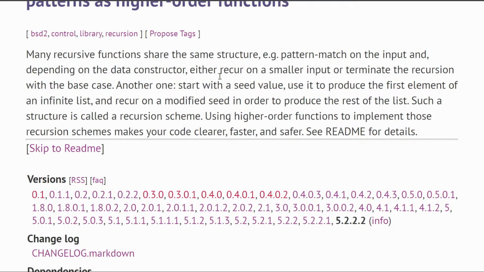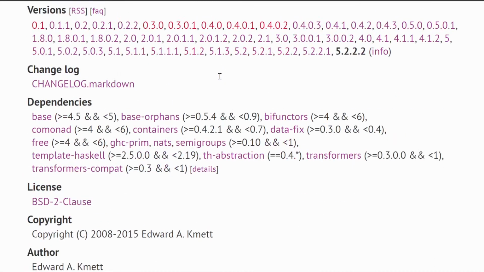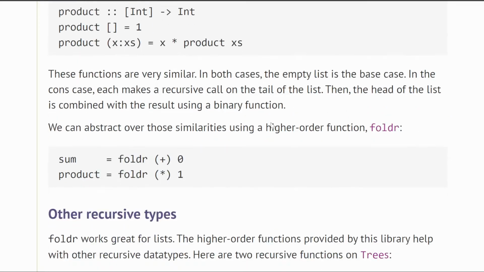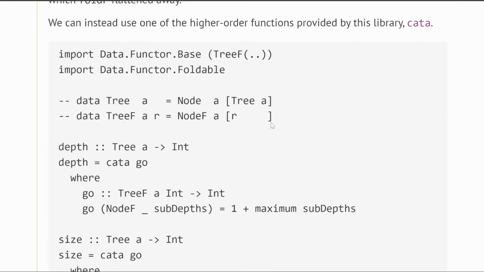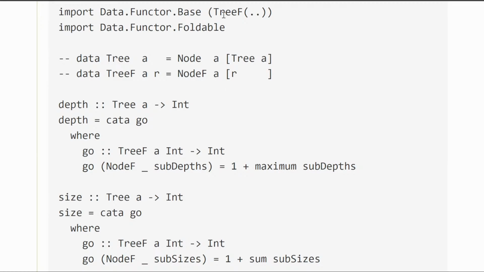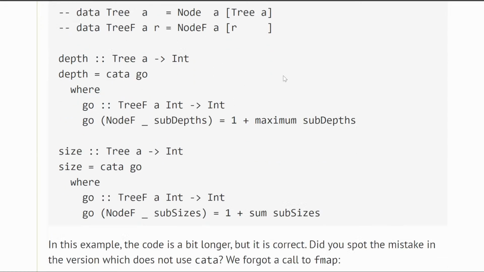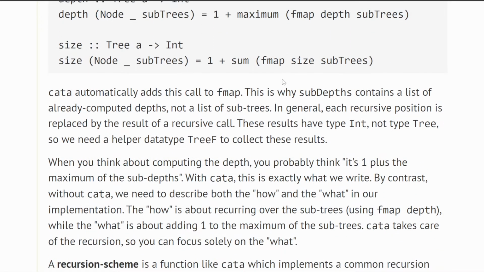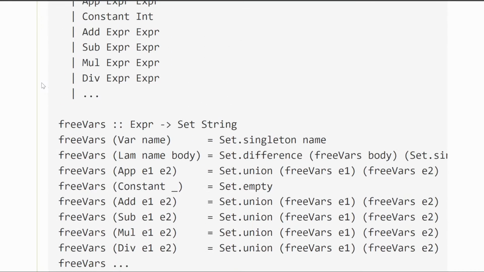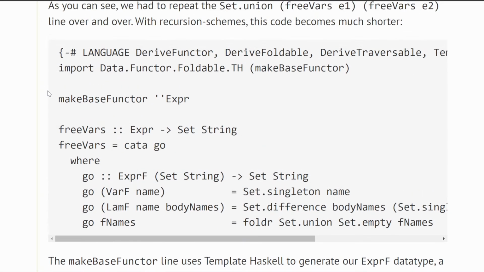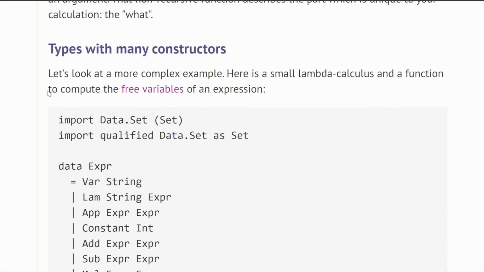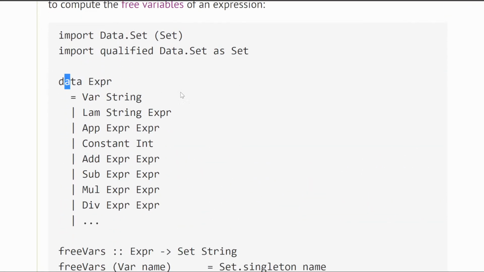So recursion schemes, yes. Another example, okay. We could use data functor base, but I have my own functor, so I don't want to do that. Types with many constructors, okay. Make base functor. So my first question is, does expr have to actually be a functor? No. Okay.